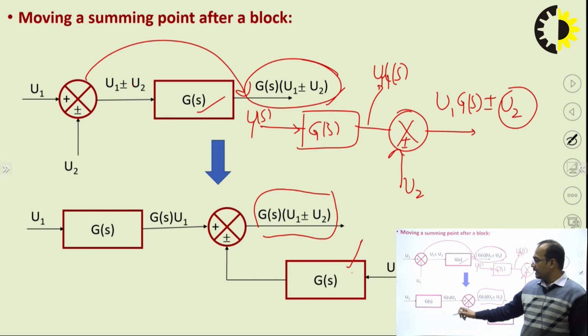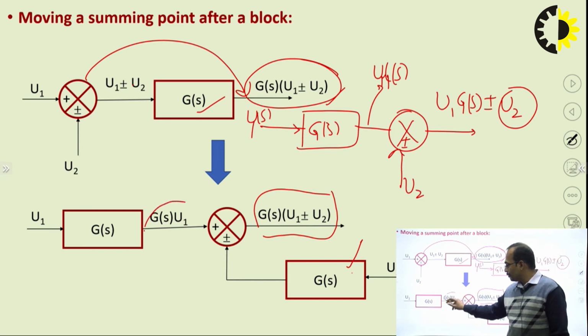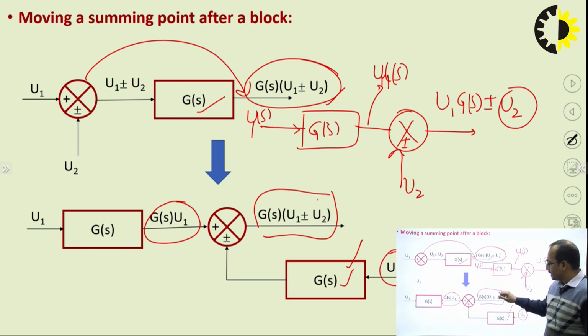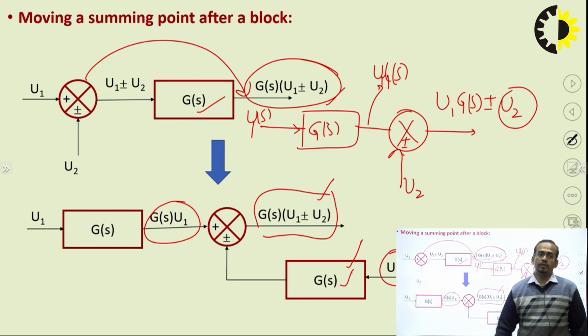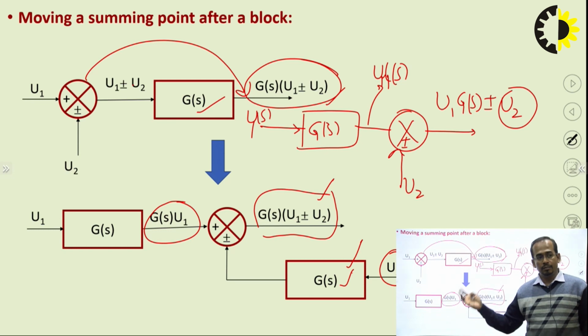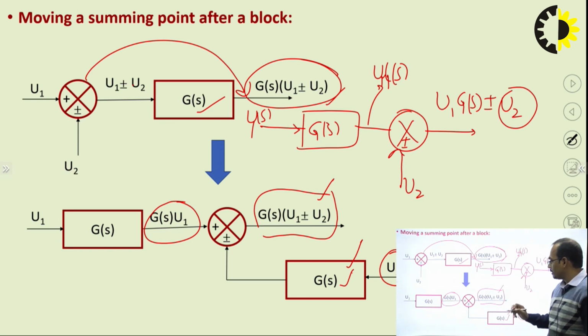You can see here GS U1 is the output here, and after passing this input through the block GS, we are getting the same output which I was getting before modification. So whenever we are moving the summing point after the block, we have to add the gain of that block in the second input.